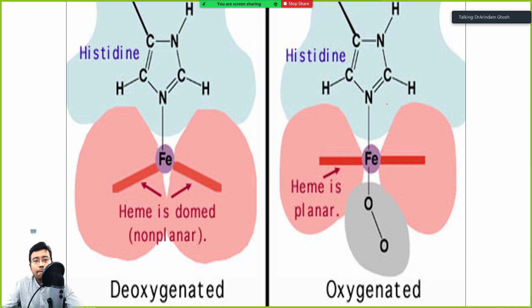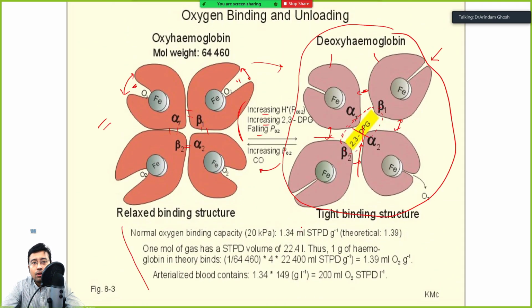You see, this is deoxygenated hemoglobin, and this is oxygenated hemoglobin. We saw this was the 3D conformational structure. Whenever it is getting oxygenated, the globin chains are coming closer to each other, and whenever it is getting deoxygenated, they are getting far away from each other because they need to accommodate this 2,3-BPG in the center.